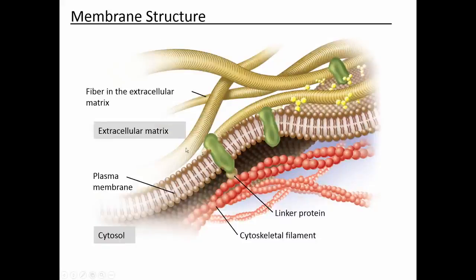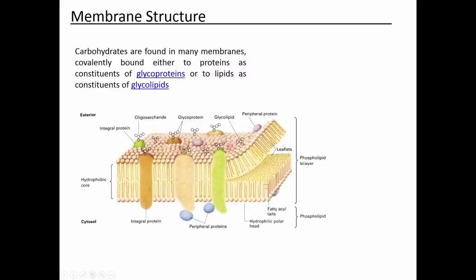Two more components of membranes that we have to talk about. Glycoproteins and glycolipids are also components of cellular membranes. A glycoprotein is simply a protein that has a carbohydrate group attached to it. And a glycolipid is the same thing, but it's a lipid that has a carbohydrate attached to it.